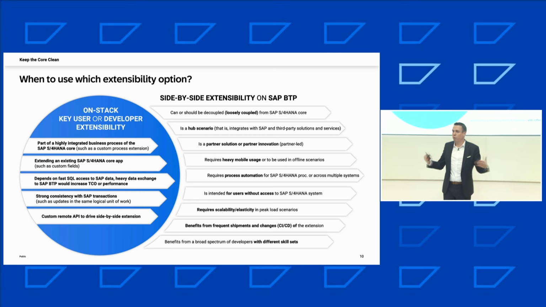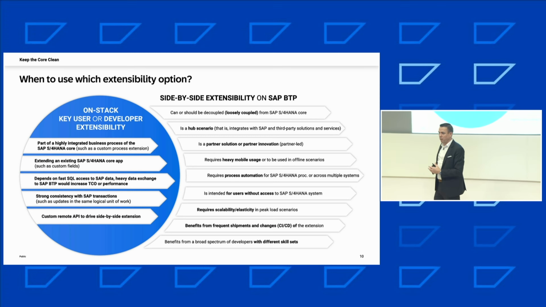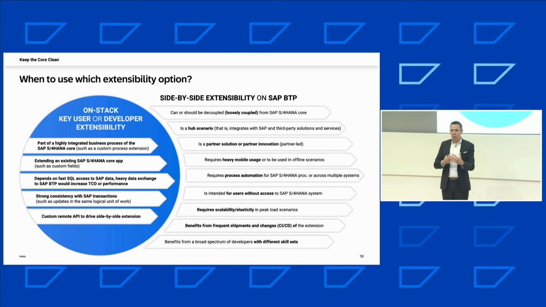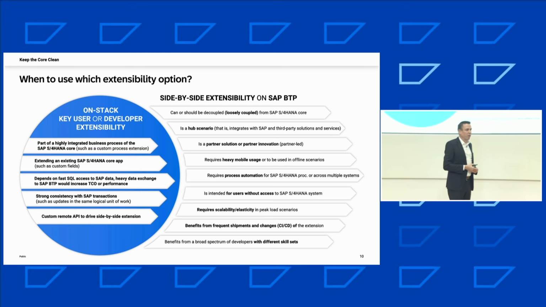I don't know how often you do transport requests in your productive S4 environment, but typically you don't do it multiple times a day. So if you want to decouple it, it's a good reason to go to BTP. And in the end, ABAP developers are typically a very rare species. So if you also want to attract Java, JavaScript developers, a good reason to use BTP for that.